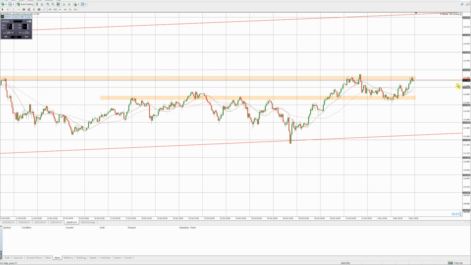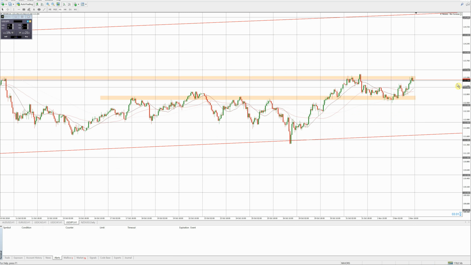For the USD CAD pair, we are on this uptrend channel currently. It has just hit resistance at 1.315 and has come back to the lower trend line at around 1.3050. Let's look at it on the 4-hour charts.